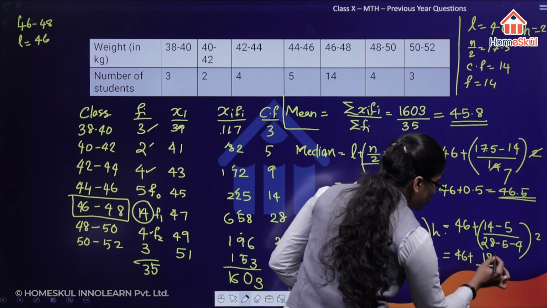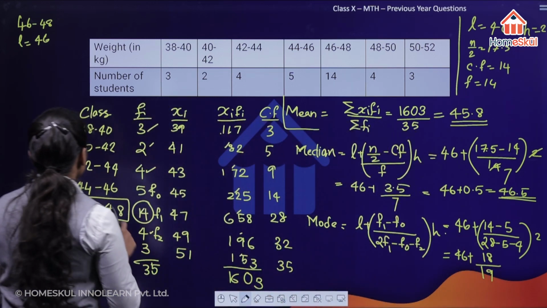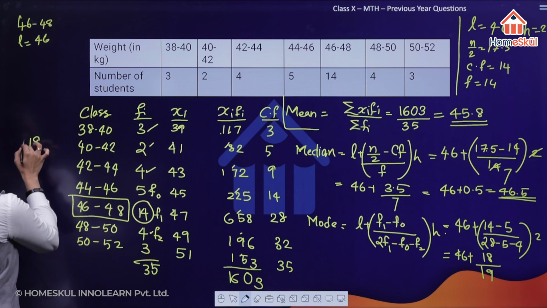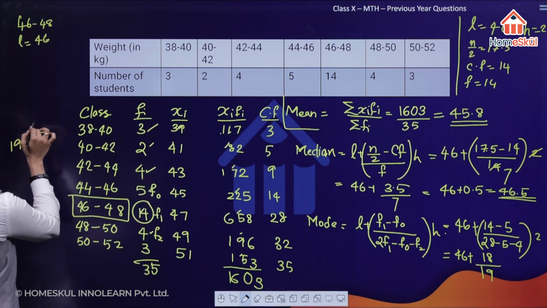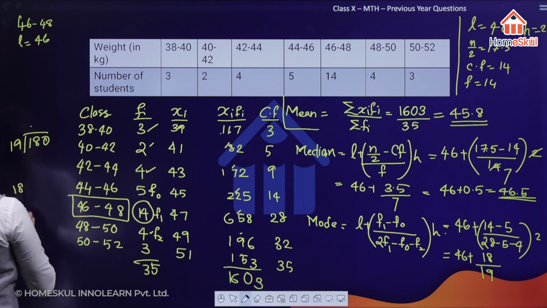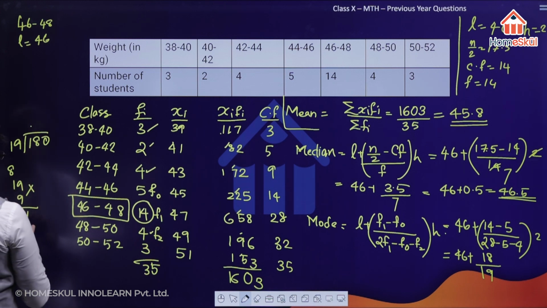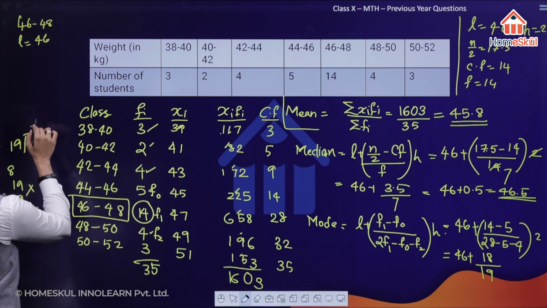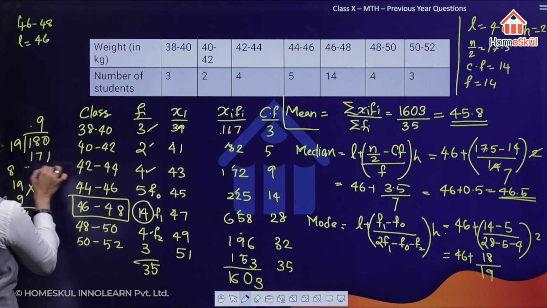So let's find out what is the value of 18 by 19. 18 by 19, putting the decimal, 0. 19 into 9, it is 171.